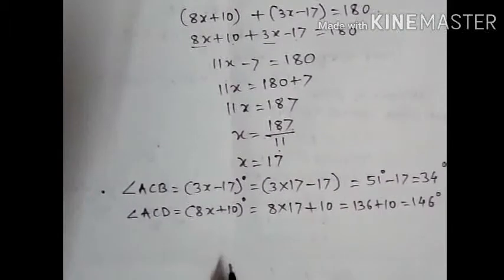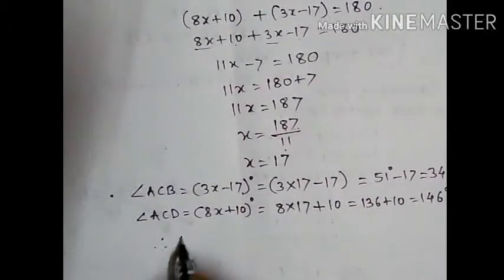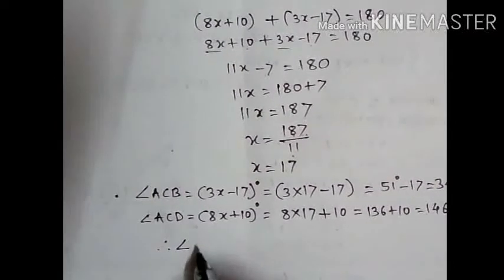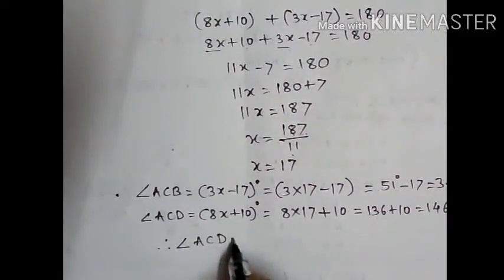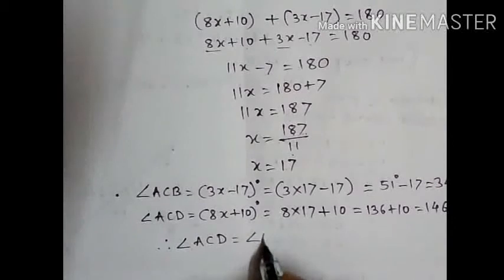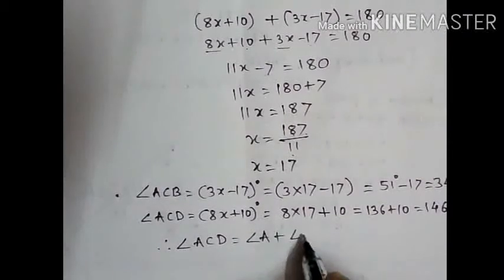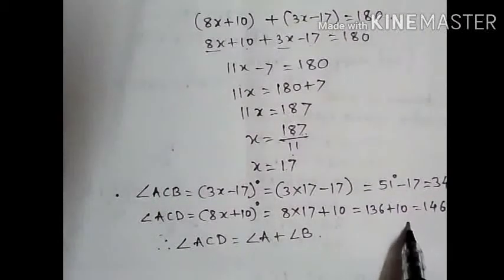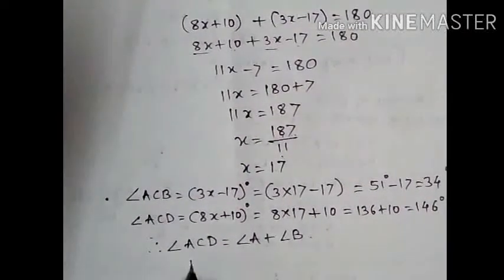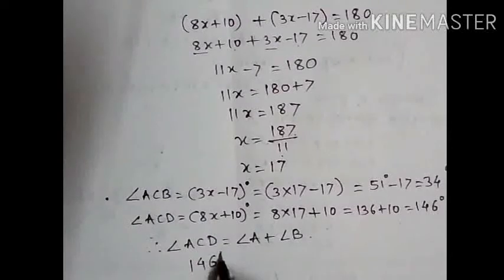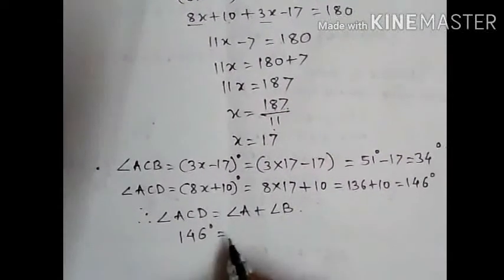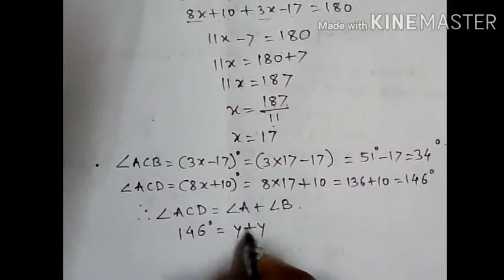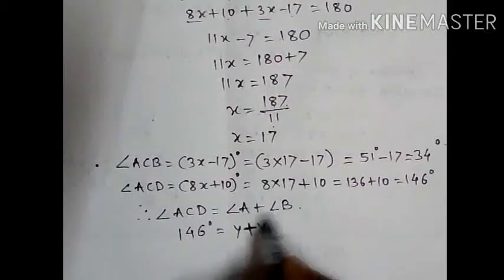Therefore, we know that measure of exterior angle, that is ACD, is equal to sum of the measures of its remote interior angles, that is angle A plus angle B. We know that ACD is equal to 146 degree. Therefore, 146 degree is equal to angle A, that is Y, plus angle B, that is Y. We denote as Y and both are equal.